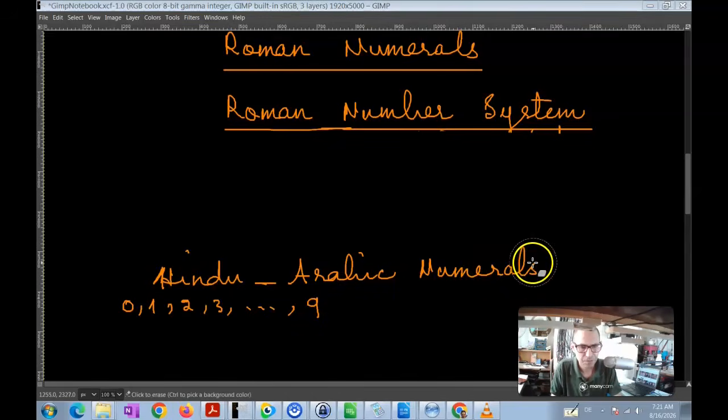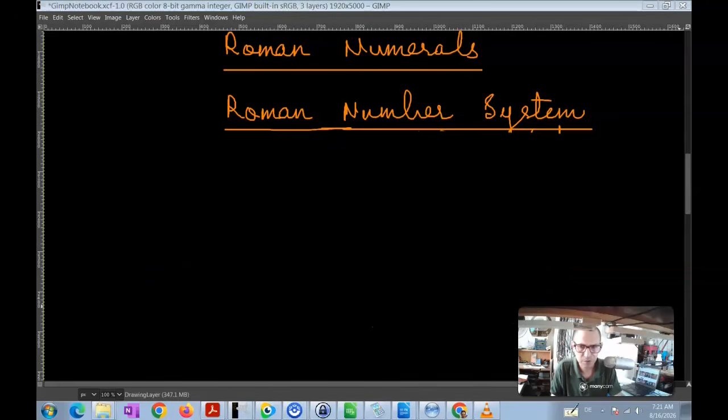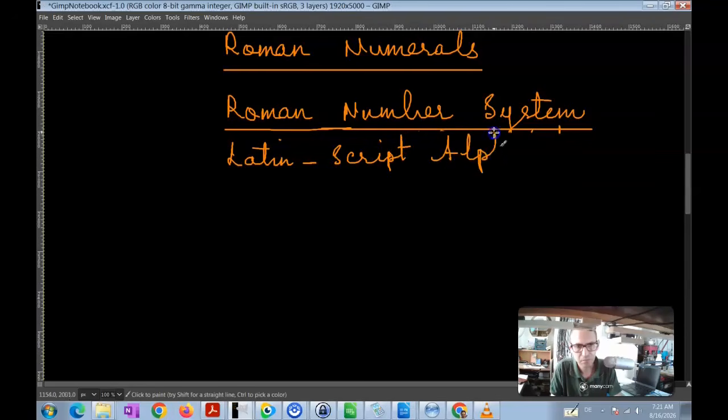Now in the Roman number system, what we use is called the Latin script alphabet, which is nothing but a subset of the alphabet that we use in the English language, like the A, B, C, and so on, but only a subset of that.